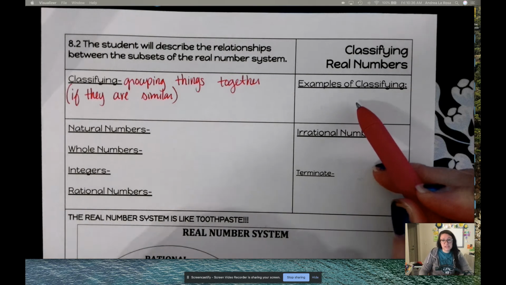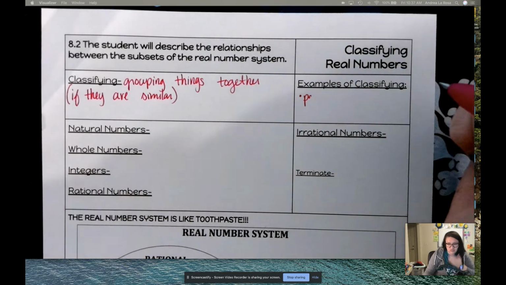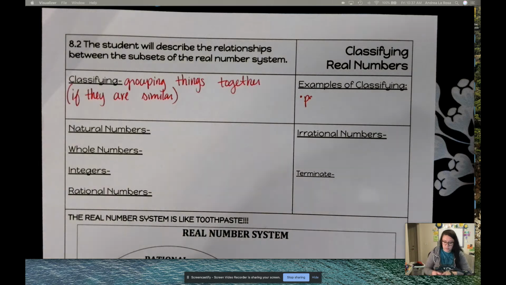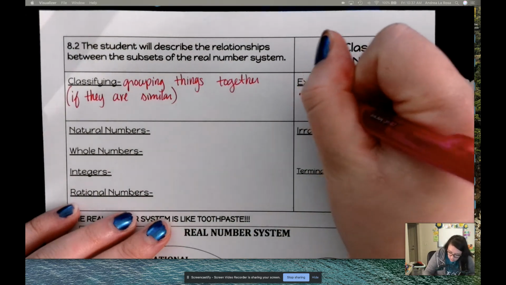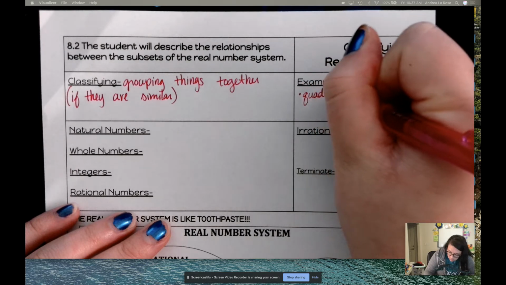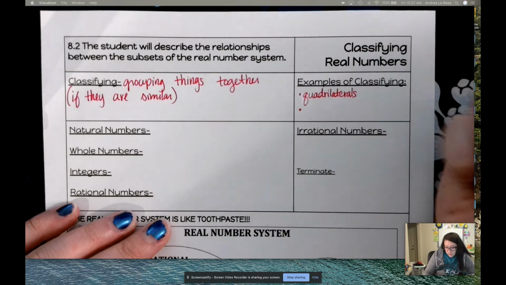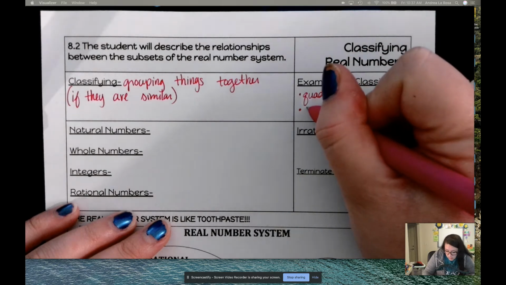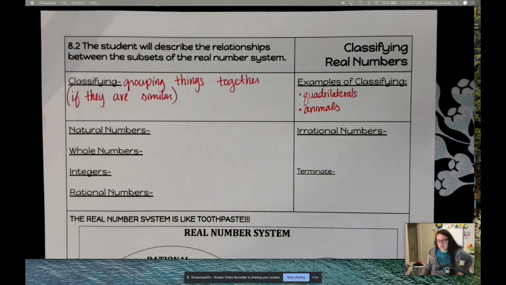So, like we said, some examples of classifying: we've done parallelograms or quadrilaterals, excuse me. And then you also did, like we said, you've classified animals. Like there's the mammals, there's insects, there's birds. You guys have classified lots of things before.